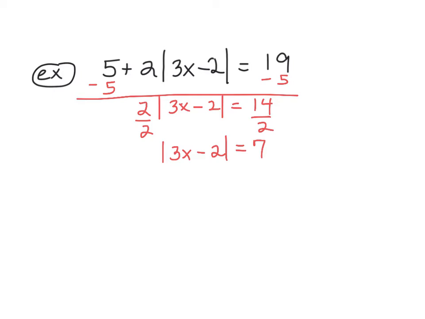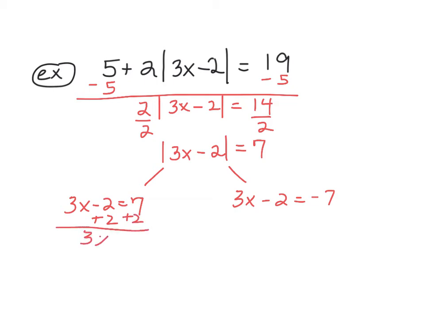Now at this point, I can set up my two cases. 3x minus 2 is equal to 7, and 3x minus 2 is equal to -7. And then I solve. So I'll add the 2 to both sides. 3x equals 9. So x will equal 3.